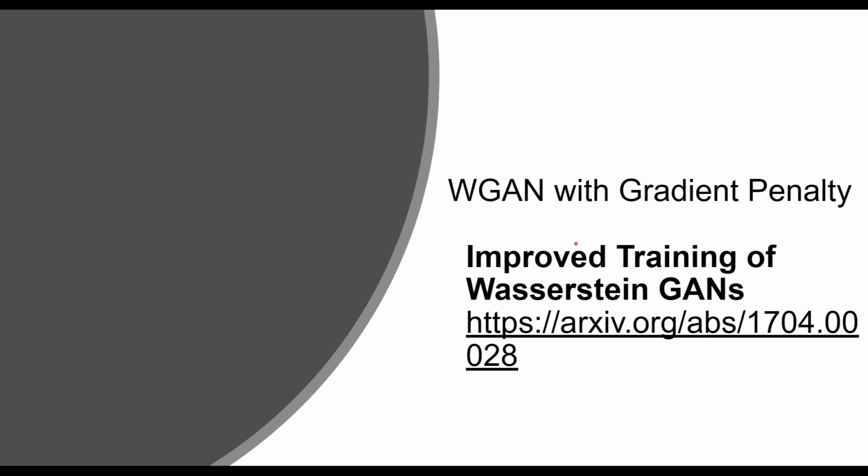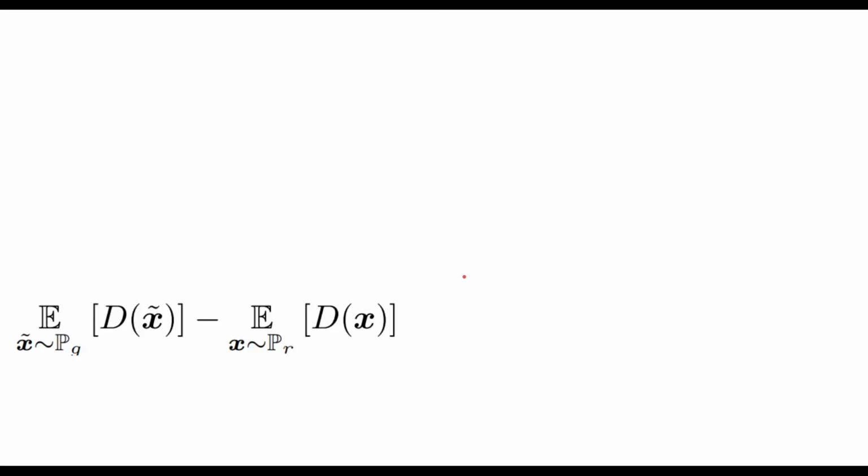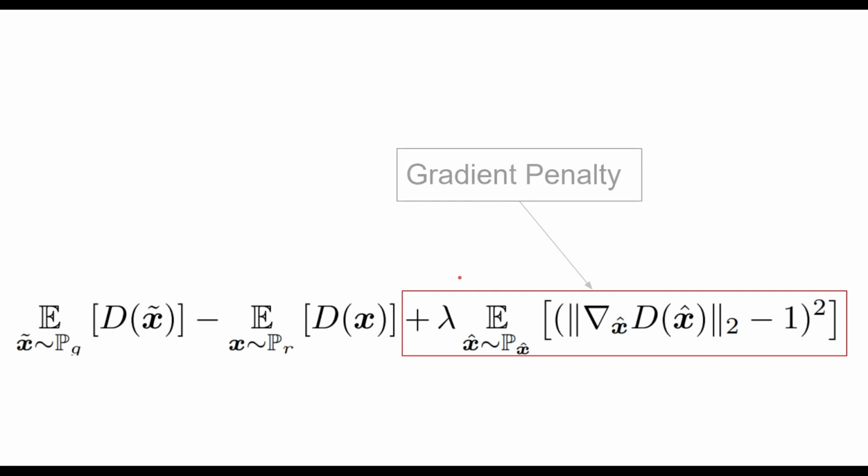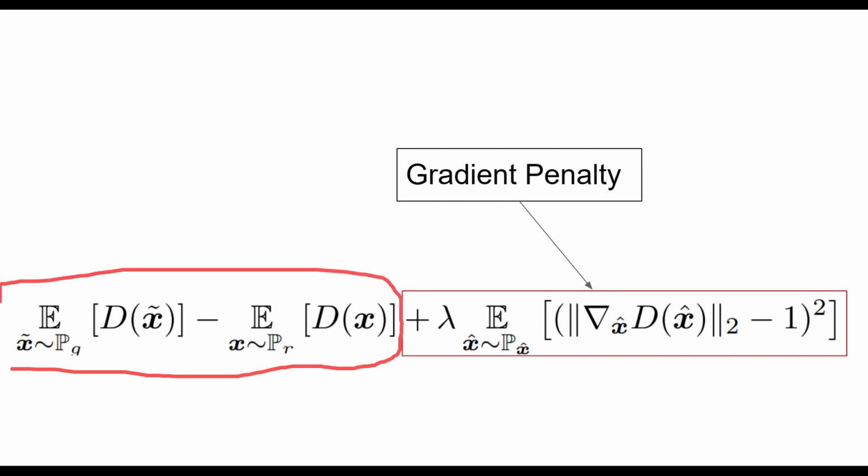One way to do that is in the next paper after the WGAN, which uses the gradient penalty. So what we are trying to do is, this one is the WGAN's loss function, and we add some penalty function so that the gradient should not be too big. So what is this x hat?